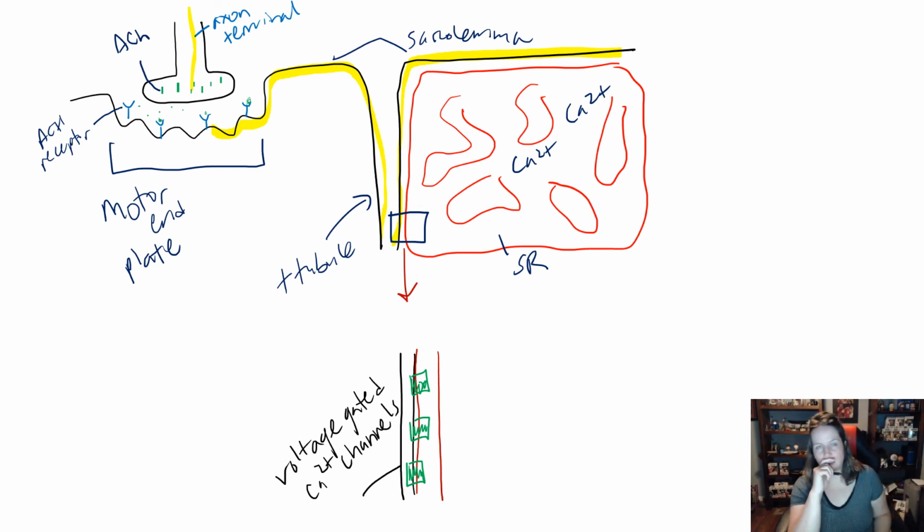Voltage gated means that these channels are not going to open unless there's an electrical signal. As that electrical signal moves down the T tubule, it will cause these channels to open and release calcium. That's going to lead us into what we're going to see in the next video.